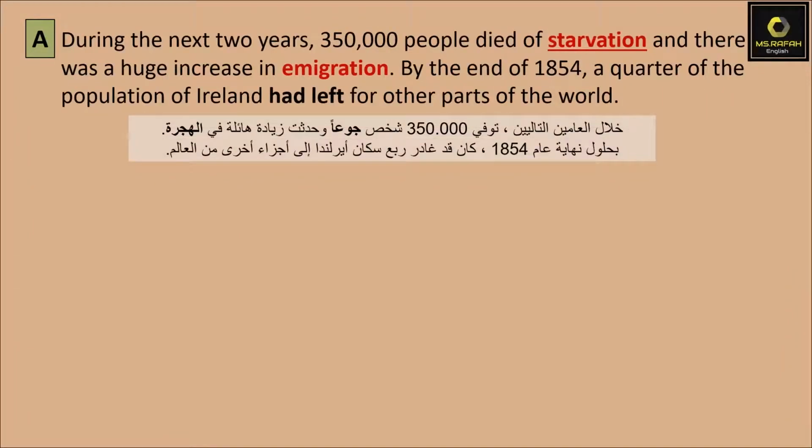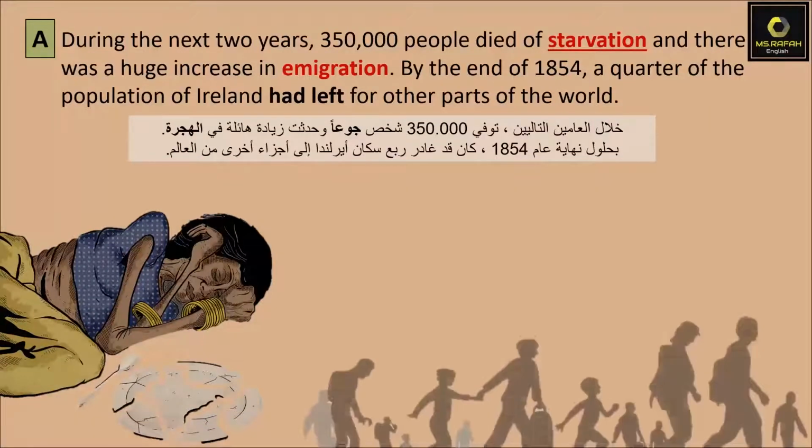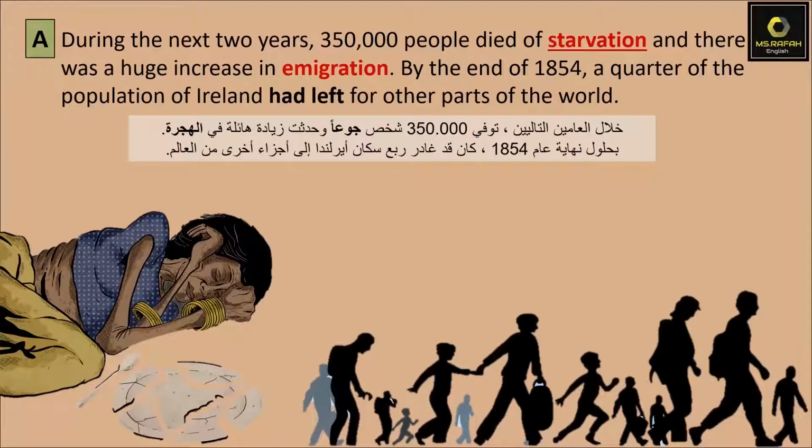During the next 2 years, 350,000 people died of starvation, and there was a huge increase in emigration. By the end of 1854, a quarter of the population of Ireland had left for other parts of the world.